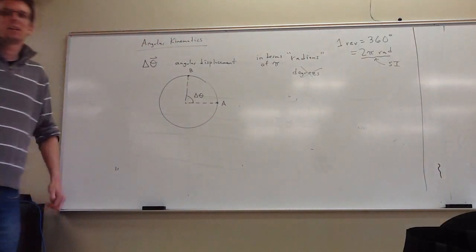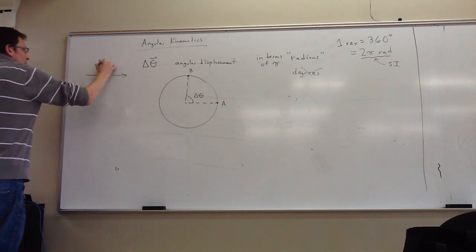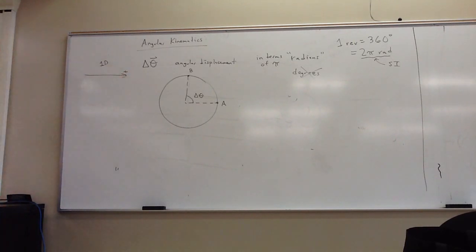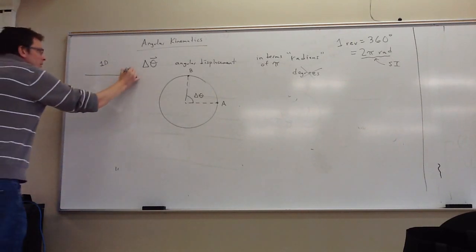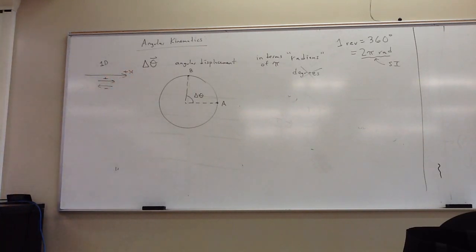The other thing that you need to know about angular displacement is that the sign convention we use is very much similar to one dimension. So remember in one dimension, when we had one-dimensional motion, we set a positive axis like plus x. And we said that things that point that way are plus and things that point that way are minus.